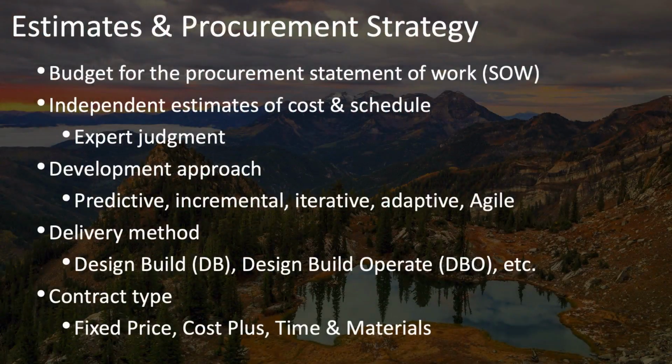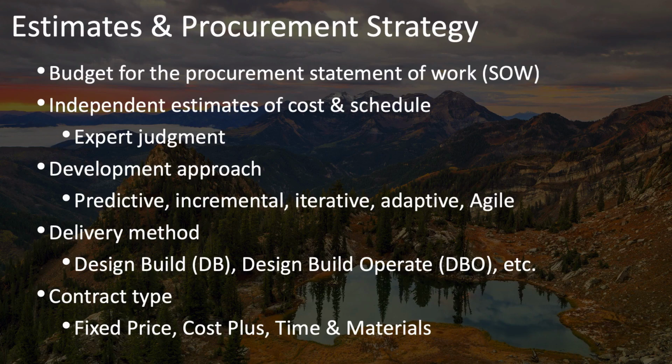The next thing you should probably do is to come up with a budget for how much you're willing to spend on this outsourcing effort, for this procurement statement of work. In order to do that, you may need to seek out some independent estimates of both your cost and schedule by consulting with some experts, either within your organization or outside your organization.